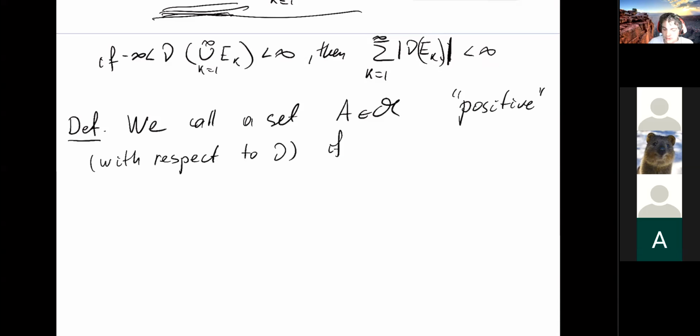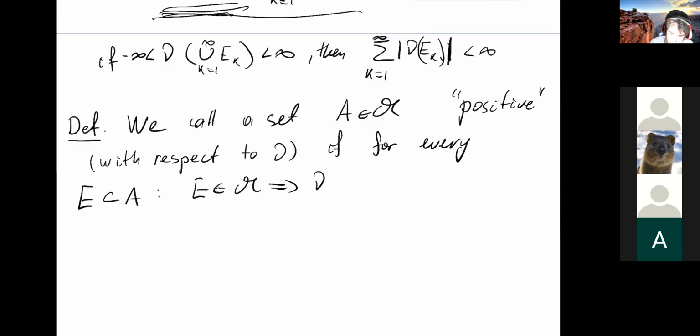If not only nu of A is positive, but if any subset of A has positive measure. If for every E in A, I'll state like this, we have E is measurable, implies nu of E is non-negative.